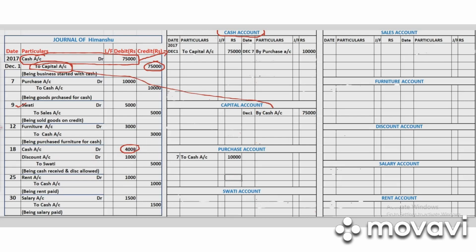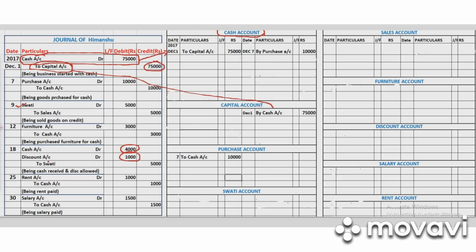So you can see 4,000 is debited, and when you write this cash account 4,000 in the debit side, you have to write the referral account to Swadhi, and the amount will be 4,000 only. That is very important. Then discount is also debited, so in the discount account we write this 1,000, and the referral account will be Swadhi's account.